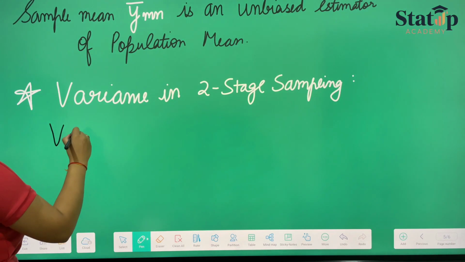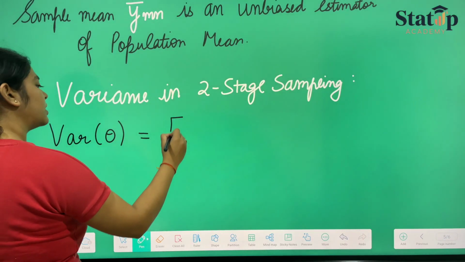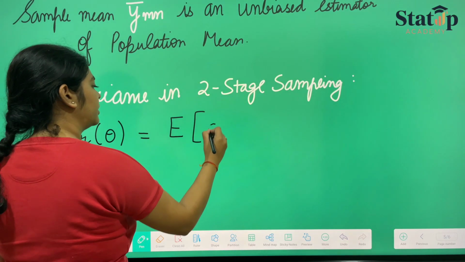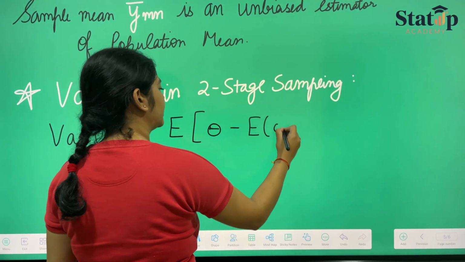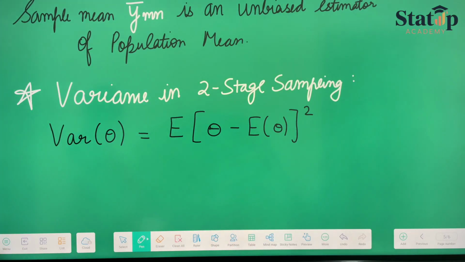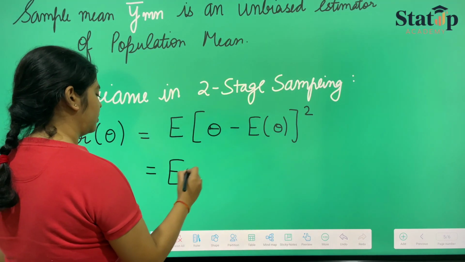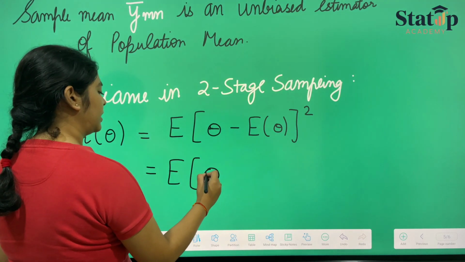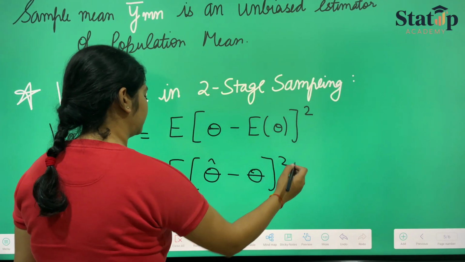Variance of theta can be written as expectation of theta cap minus expectation of theta cap, whole square. So we can write it as expectation of theta cap minus theta whole square.